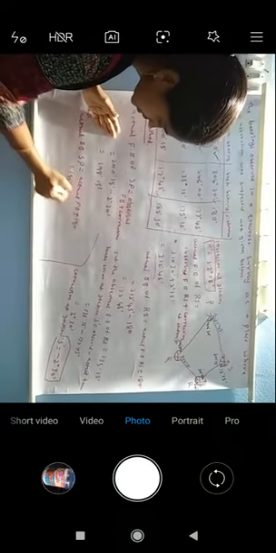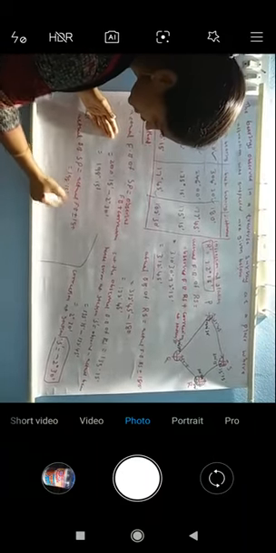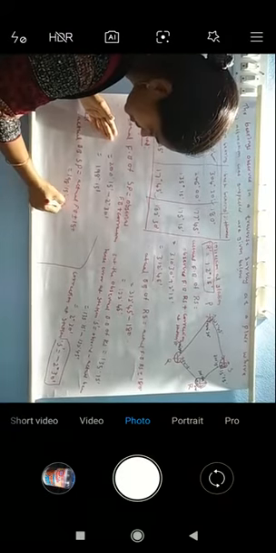What is the actual forebearing? 198 degrees 15 minutes. So it is greater than 180, we can use the minus symbol.